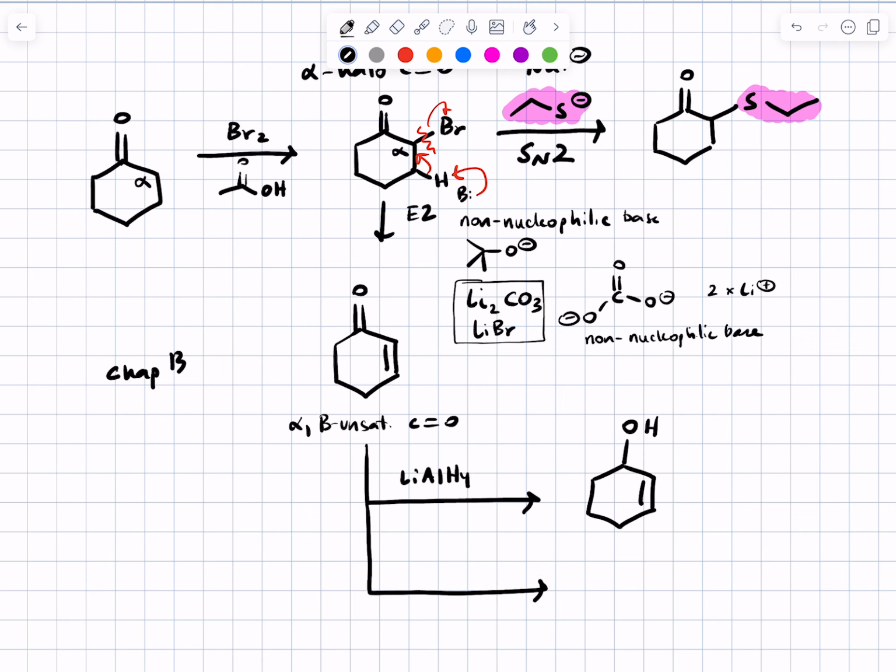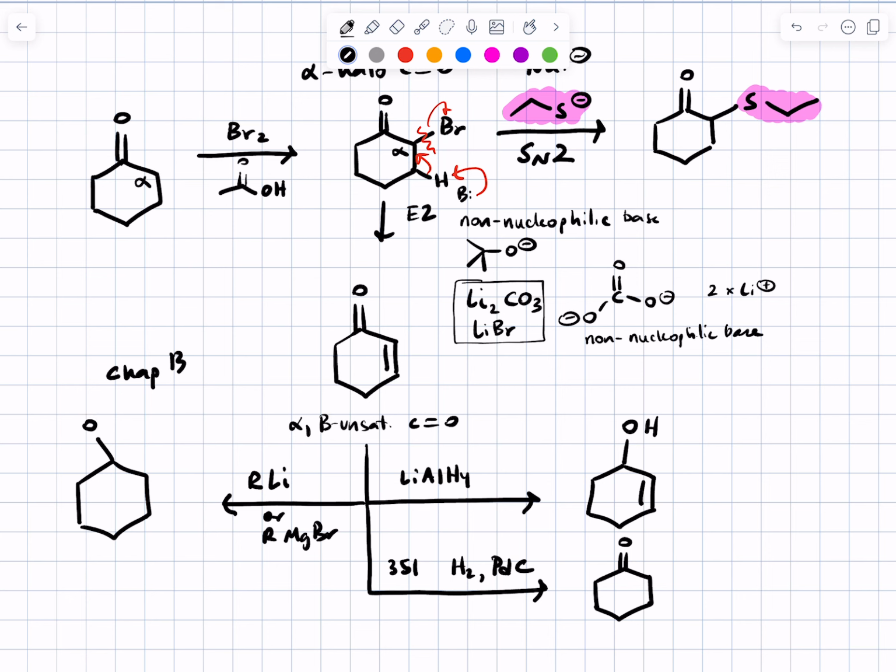We learned in 351 that you can use hydrogen and palladium on carbon to reduce the double bond without necessarily hitting the ketone. We learned in chapter 13 of 352 that you could use an organolithium reagent or a Grignard reagent to do 1,2 addition of the nucleophile to the carbonyl carbon.